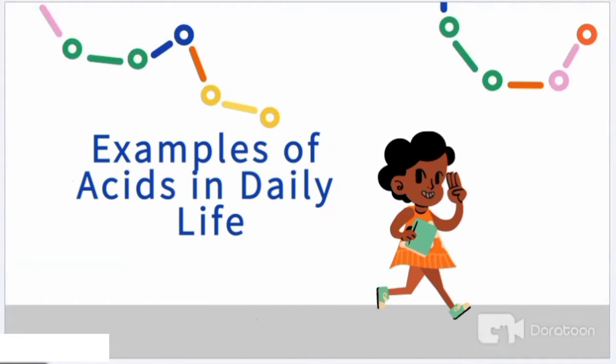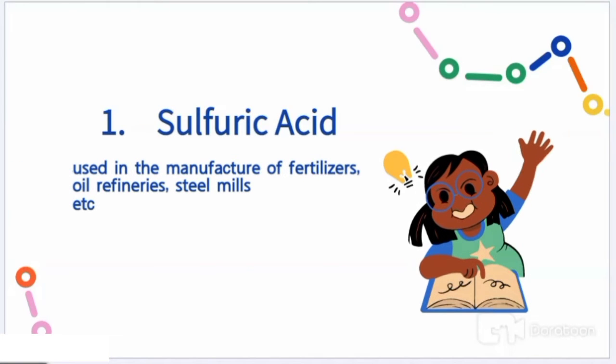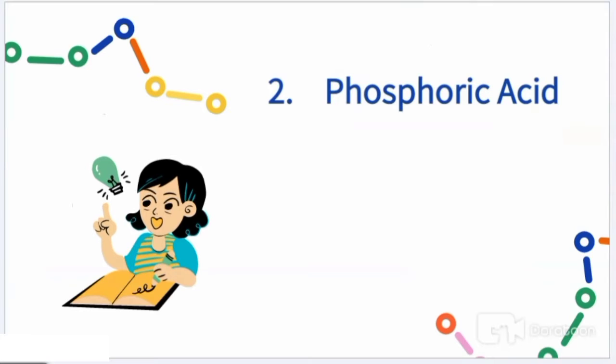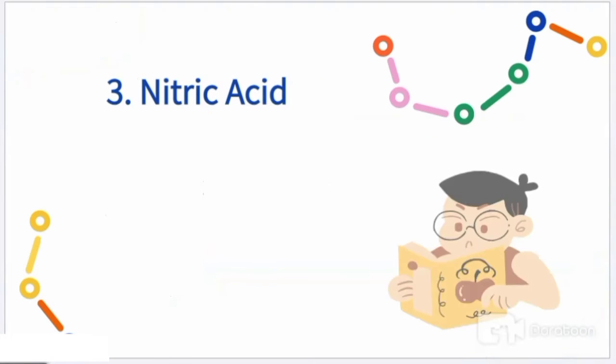Examples of acids in daily life. 1. Sulfuric acid, used in the manufacture of fertilizers, oil refineries, steel mills, etc. 2. Phosphoric acid, used for the manufacture of fertilizers and detergents. However, it is unfortunate that phosphates can cause pollution problems in lakes and streams. 3.